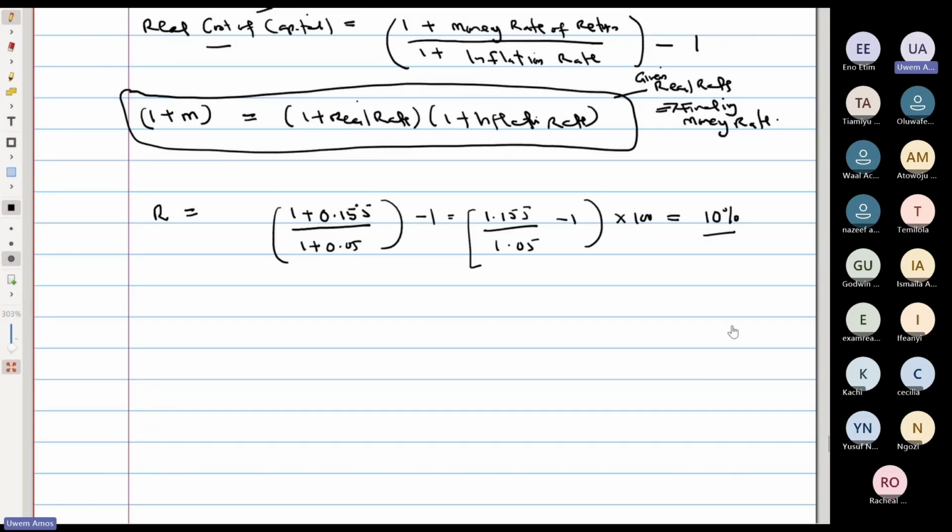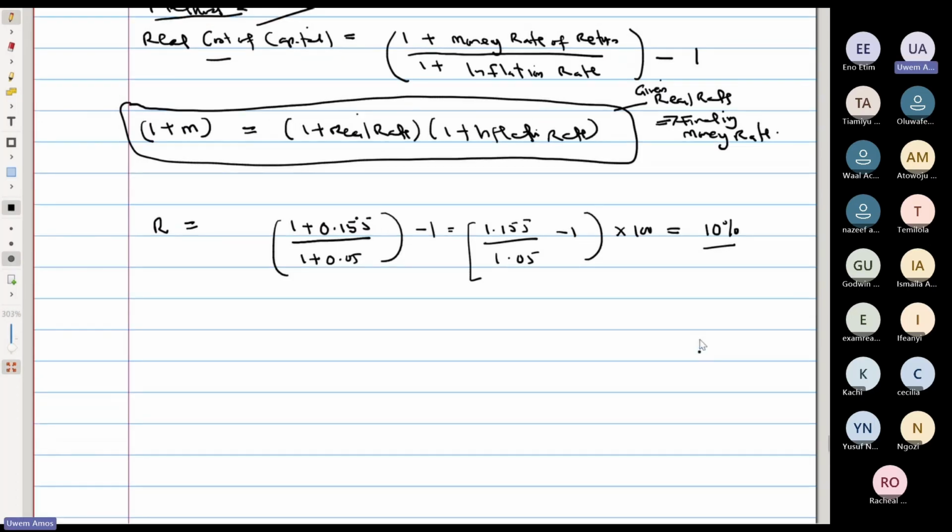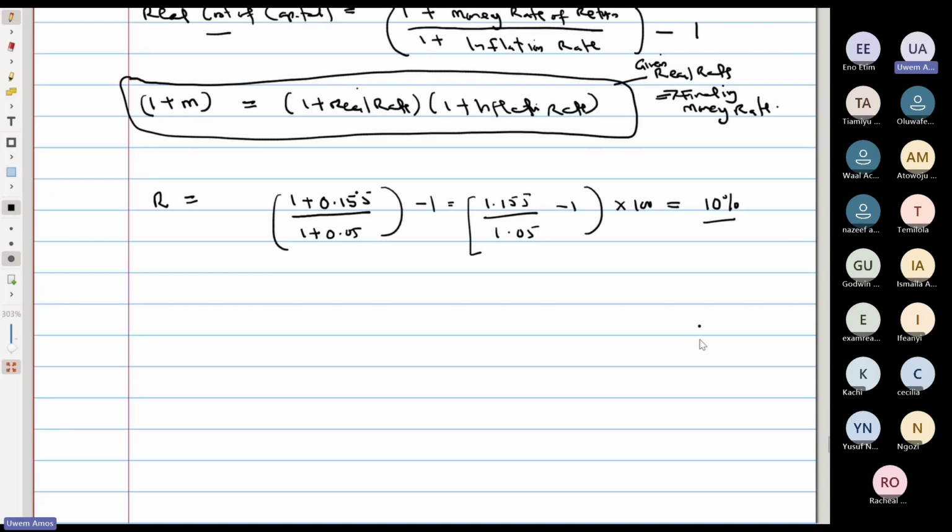Okay, so with that out of our way, we can then do our computation. Now, there are two ways to do our computation, but we're going to go with the shorter one. Don't forget that the real rate of return, the current price terms, is the value without inflation.